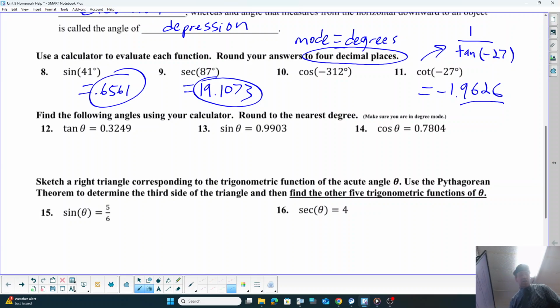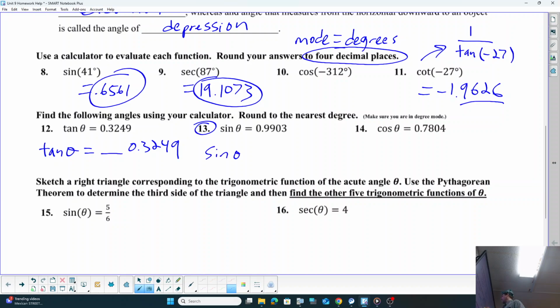Use the inverse. So how do we undo tangent to the other side and solve for theta? Do you know how to undo tangent? We're going to leave a blank space to show you how to do it. You're going to practice 12 and 14, so I'm going to help you on 13.